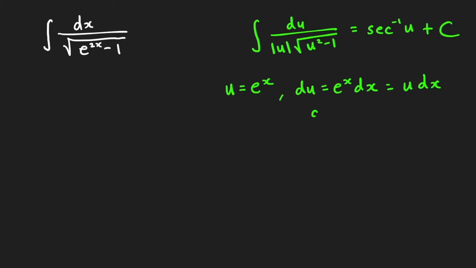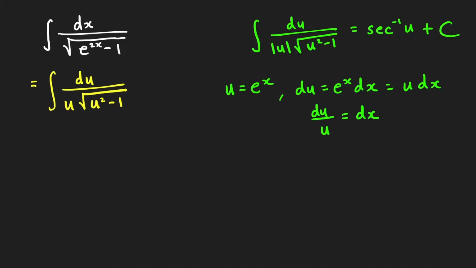Therefore, we have du over u is equal to dx. And we can now do the substitution and write our integral with dx as du over u, and this radical can be written as square root of u squared minus 1.